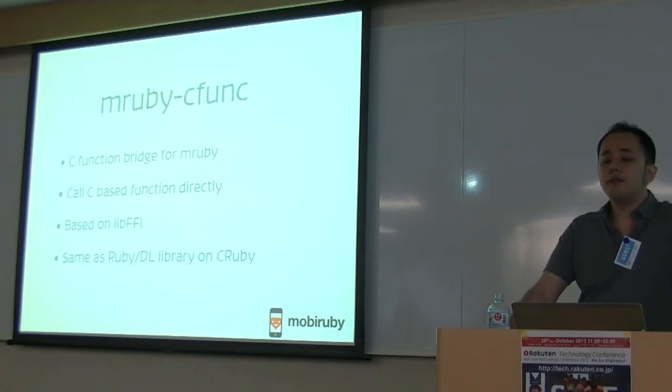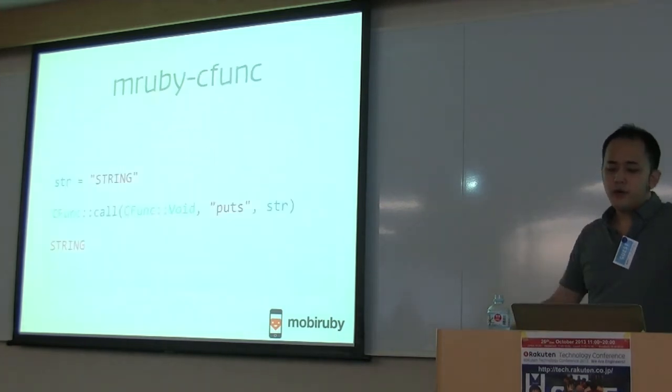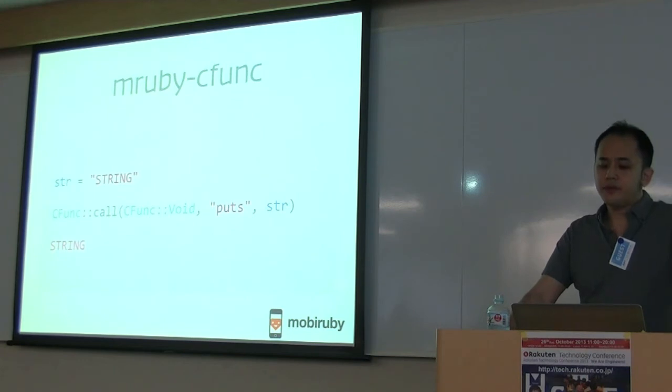mRuby cfunc provides the interface between mRuby and C-level functions. It's similar to the Ruby DL library on CRuby. You can call the put C function from the mRuby language.